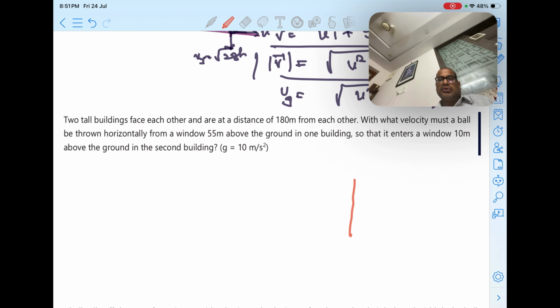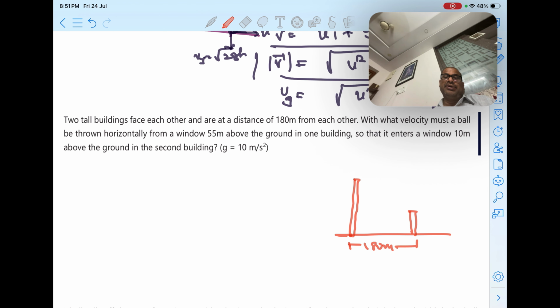Yeah, next you see, two buildings are there. They are 180 meters apart, students. One ball is thrown from 55 meters above the ground of the first building. Another building has a window at a height of 10 meters above the ground.